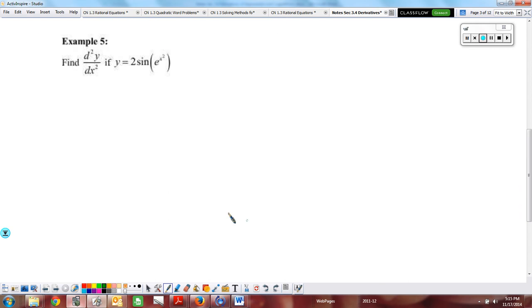All right, now in example 5, okay, we have some composition and composition within composition, and we're finding the second derivative. So first I'm going to find dy dx. Right? So the u that I'm looking at first is going to be e to the x squared. But then to find the derivative of that, I need to have another composition, v equals x squared. dv dx is going to be 2x.